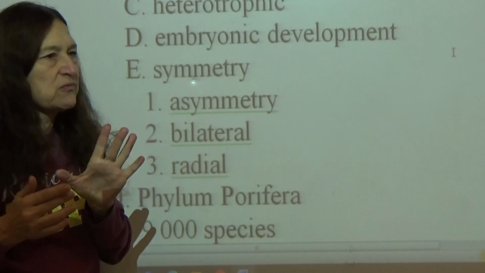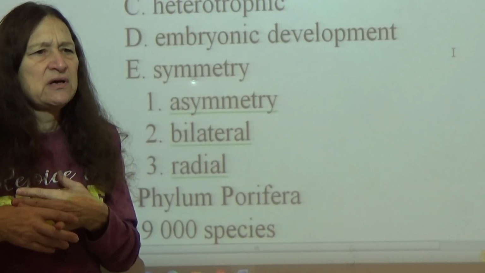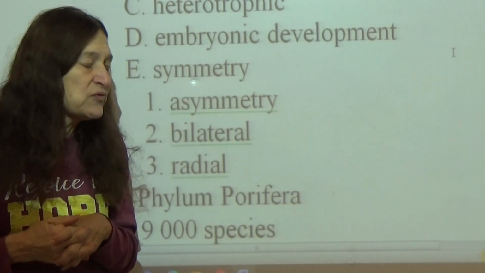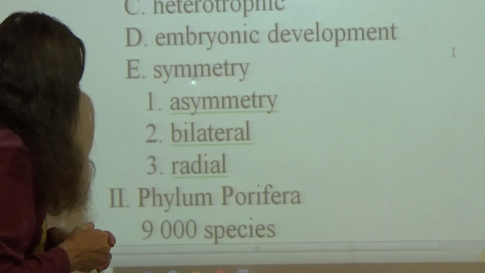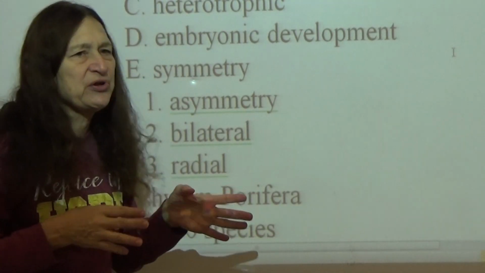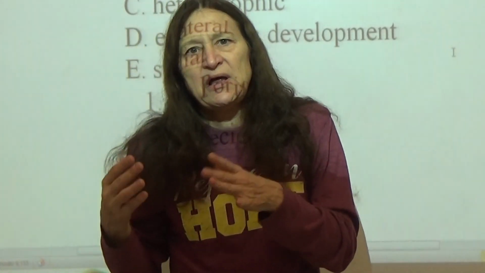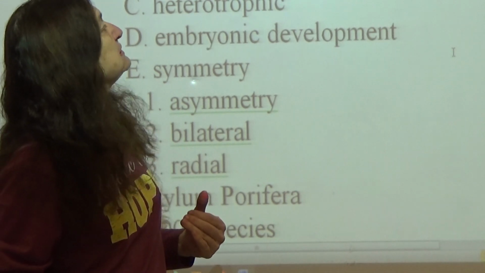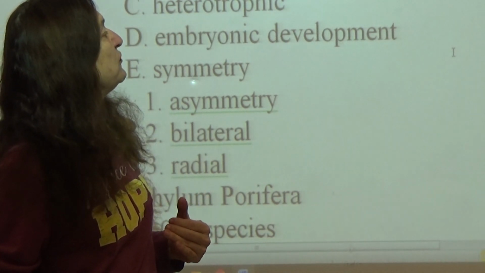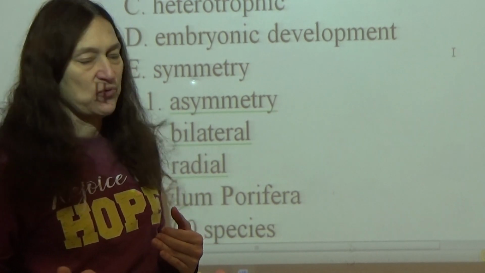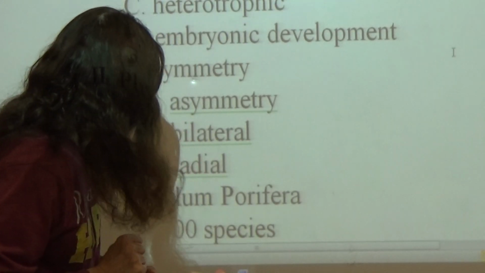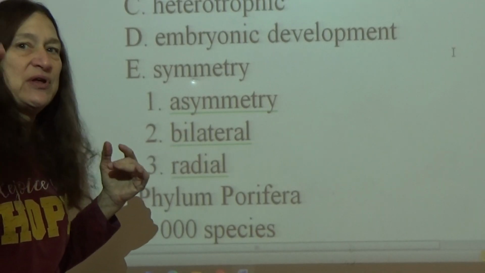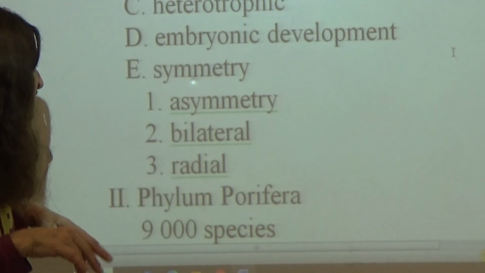Now we're going to start with what we would consider the simplest animals. We will also be looking eventually at how this is all laid out. I don't think I have it drawn out in the notes here, so I'll show you that later. All right, so our first phylum then, remember kingdom, phylum, class, order, family, genus, species.